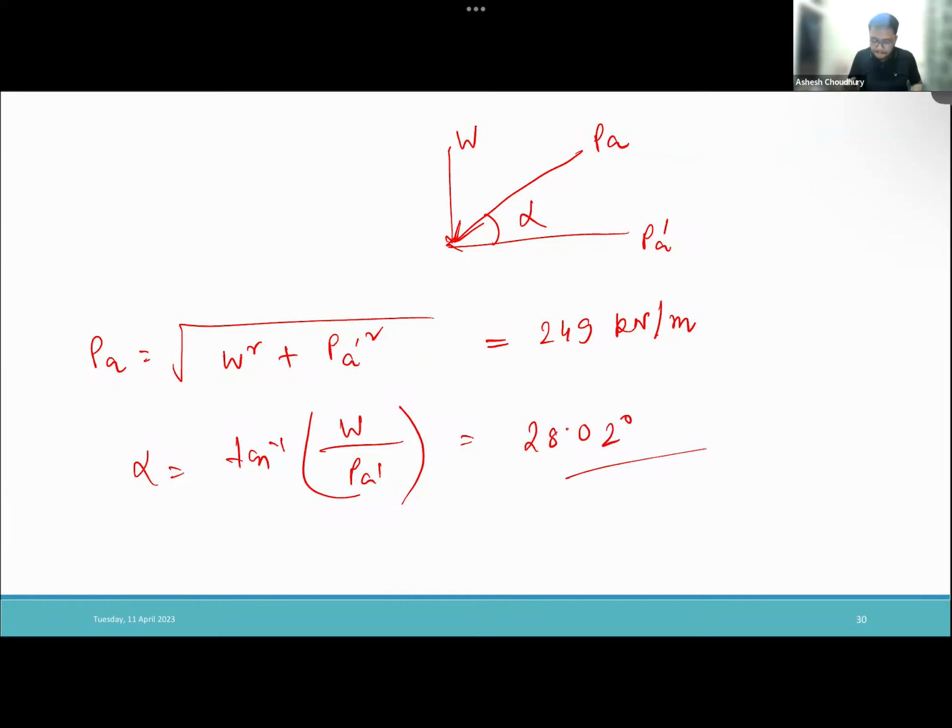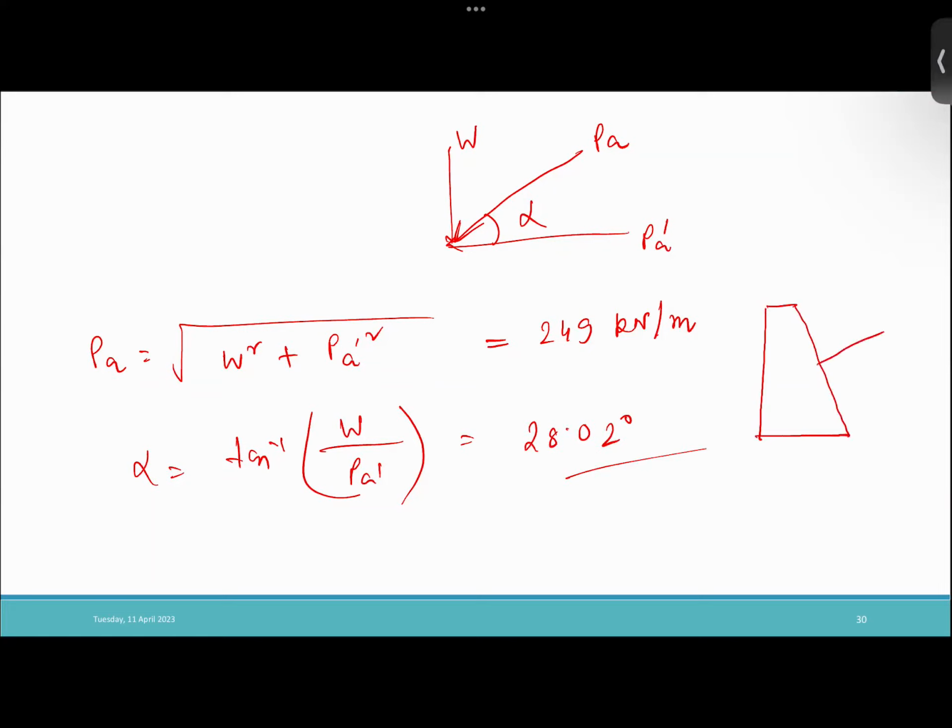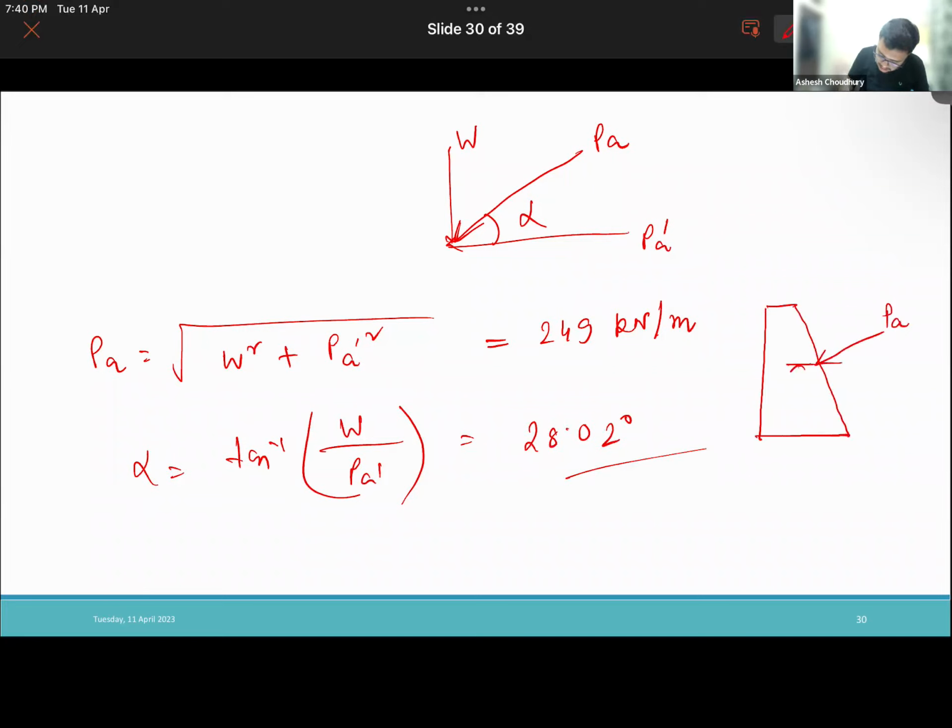So this was our wall, right? And so our PA is acting here like this. This is y and this angle is alpha. Like this we solve this problem.